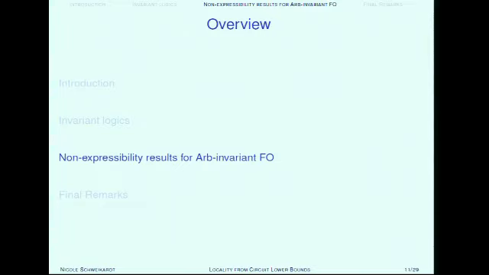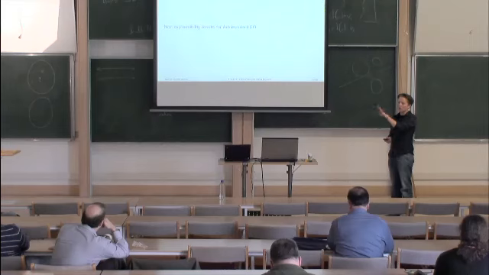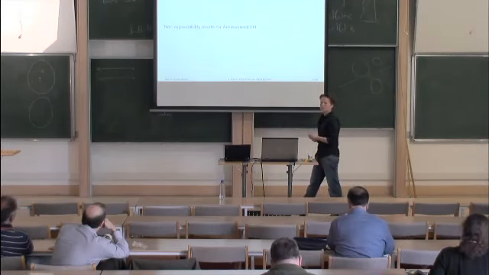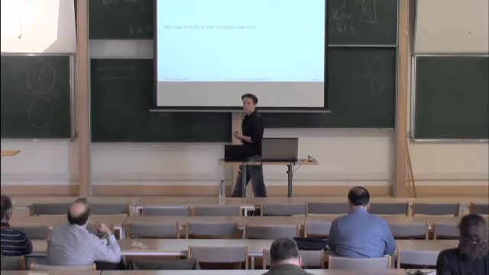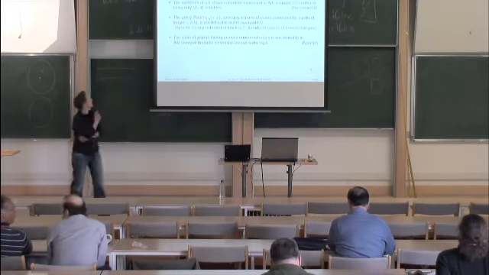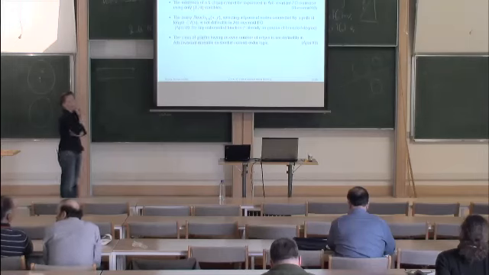Okay, but for the rest of the time, I want to look at non-expressibility results for, in particular, arb-invariant first-order logic. So we can use all kinds of numerical predicates. We still want to be able to show that specific queries or properties are not definable in this kind of logic, and quite a lot is known there already.